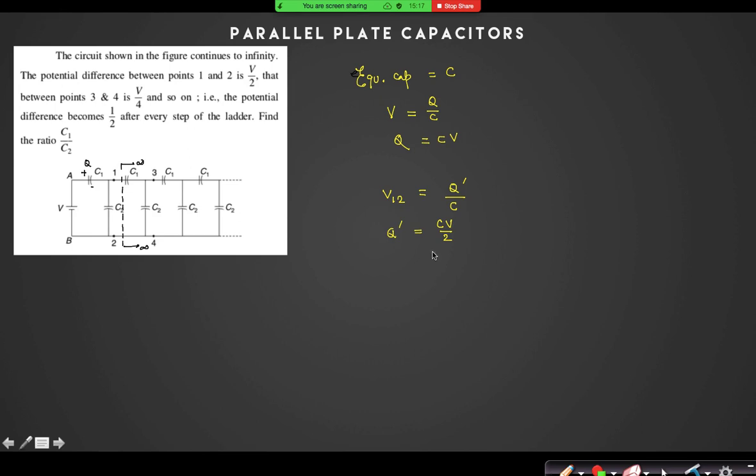What is Q prime here? If you just try to redraw the circuit with their equivalent capacitance, I will find this circuit.